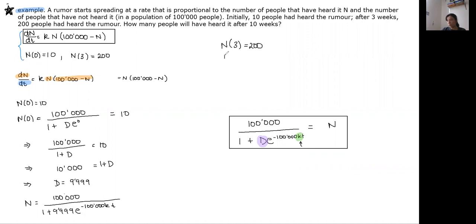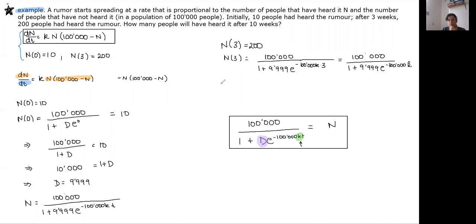So n of 3 is equal to 200, but n of 3 is also equal to 100,000 divided by 1 plus 9,999 e to the minus 100,000 times k times 3, which is the same as 100,000 over 1 plus 9,999 times e to the minus 300,000 k.